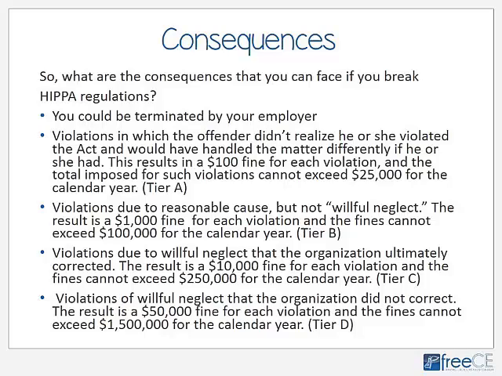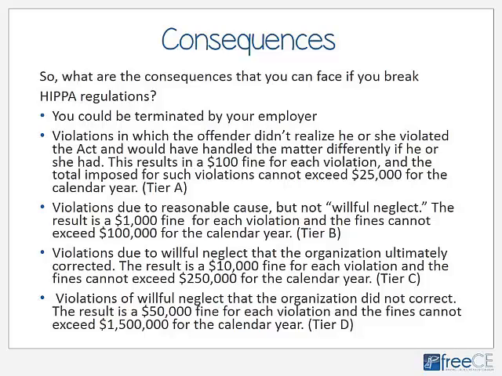In tier C, where the violations were due to willful neglect that the organization ultimately corrected, the result is $10,000 for each fine and not exceeding $250,000 for the calendar year. And the highest tier, which is tier D, is violations of willful neglect that the organization didn't correct. The result is a $50,000 fine for each violation, and the fines cannot exceed $1.5 million per calendar year.